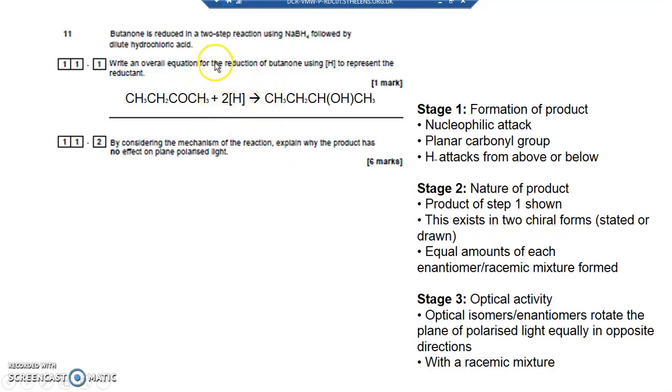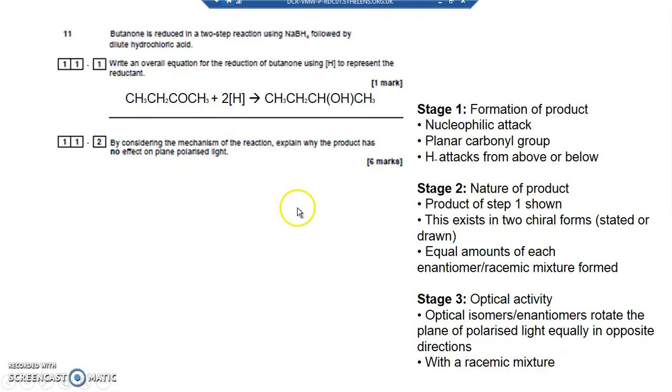That's going to create two different enantiomers, two different mirror images of each other in equal amounts, because there's an equal chance of attack from top or from bottom, from above or below. There's an equal chance of this hydride ion, this nucleophile, attacking from above or below.